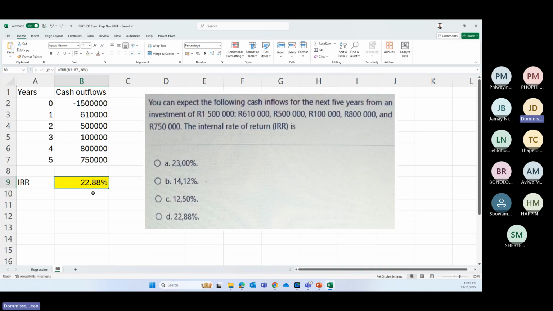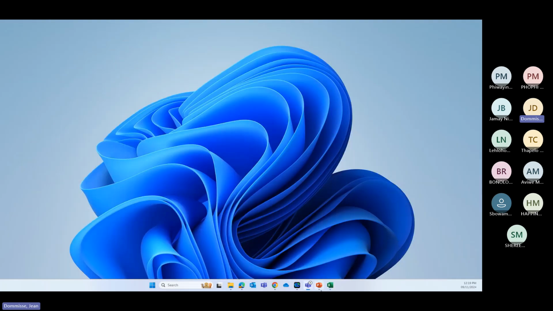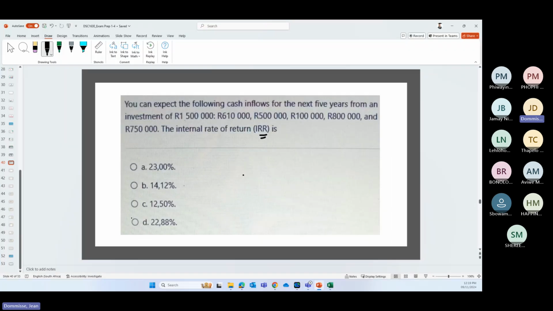So Excel, you can do it via the built-in formula, but you can use your calculators. The calculator will do exactly the same. You put that in on the Sharp, it's under the data function. On the HP, it is under that CFj function. So internal rate of return works in Excel. If we look at the answer, it would have been 22.88%.